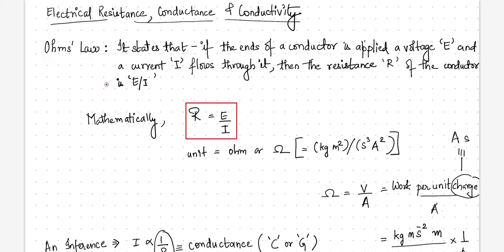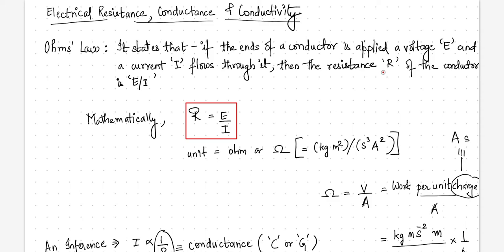Now, what does this say? Suppose you have a conductor and you have a voltage E applied across the ends of the conductor, as a result of which you have I ampere of electricity passing through it.